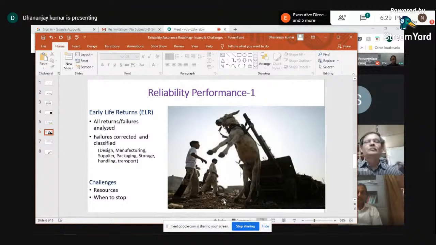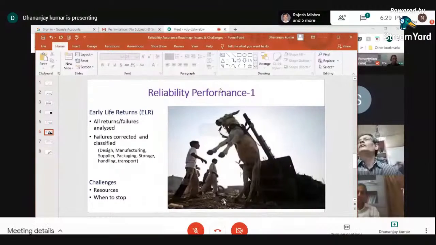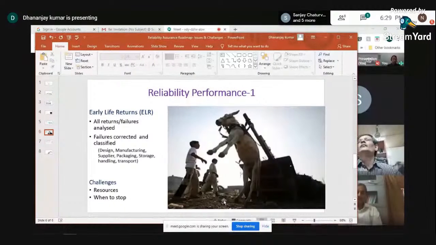We look at the derating side and provide enough design margin in the product, so that if, due to some unnatural behavior of human beings or unwarranted circumstances, the stress exceeds the stated environment, we are able to meet that stress by providing extra strength for a limited period of time.